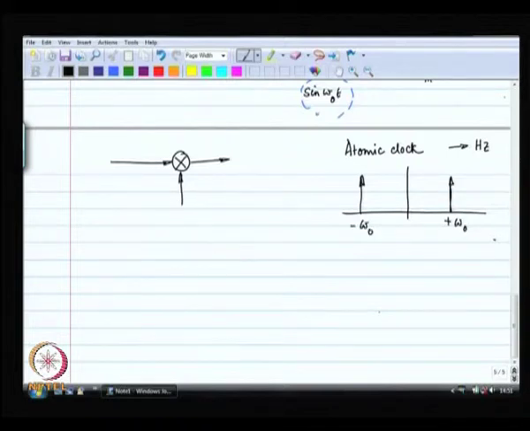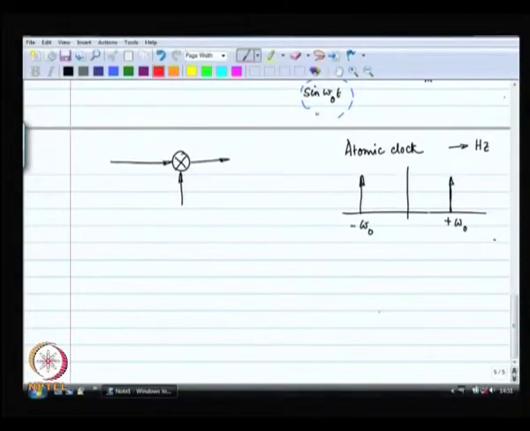I do not know the exact number, but this is how the spectrum of the output of an atomic clock is going to look. Any other clock, not atomic, the output is not going to look like that. Guess what? The output of any other clock, which is not an atomic clock, is going to look like this.